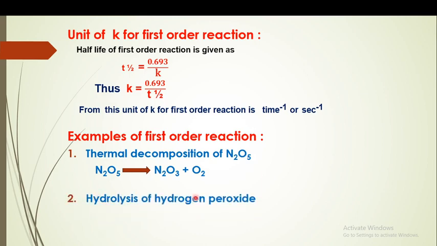The second is the decomposition of hydrogen peroxide, which gives water plus half O2. The rate of this reaction also depends only on the concentration of H2O2, or hydrogen peroxide, so this is also an example of a first order reaction.